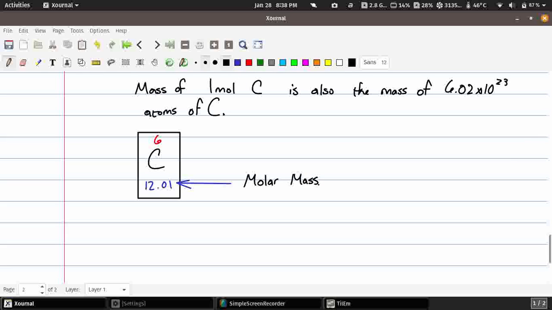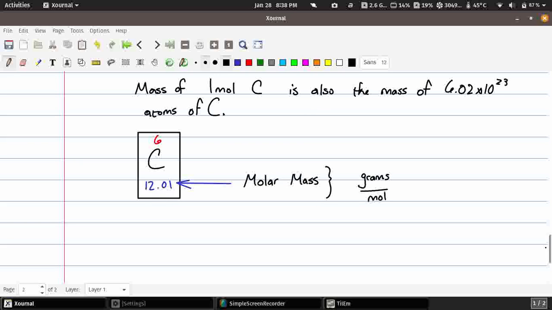Your molar mass is in grams per mole. So if you have 1 mole of carbon, you have 12.01 grams of carbon. That's how that relationship works.